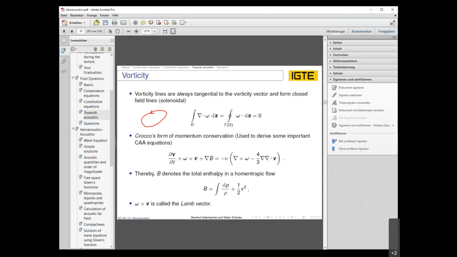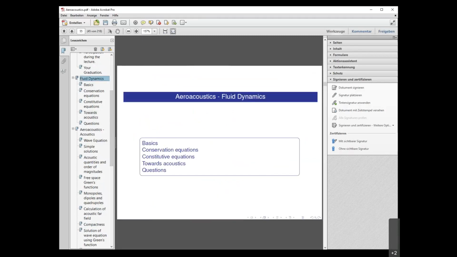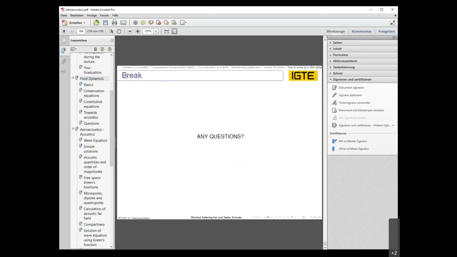It's just interesting to know that all the field lines are closed, and you can form some vortex tubes. For instance, as we had it here, I'm jumping to the first slide.